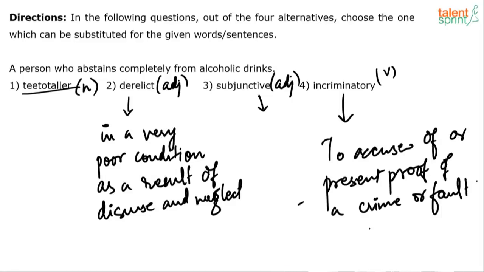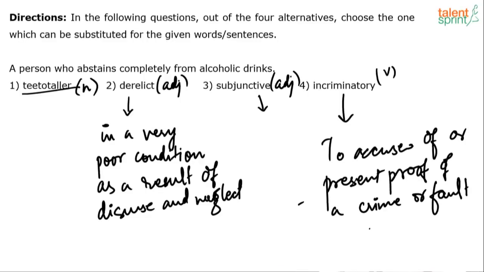For example, you can say he was incriminated by his own friend. So someone who has given proof against his own friend is an incriminator. Okay. I don't think there is anything else to be discussed in these words. Very nice words, important words.